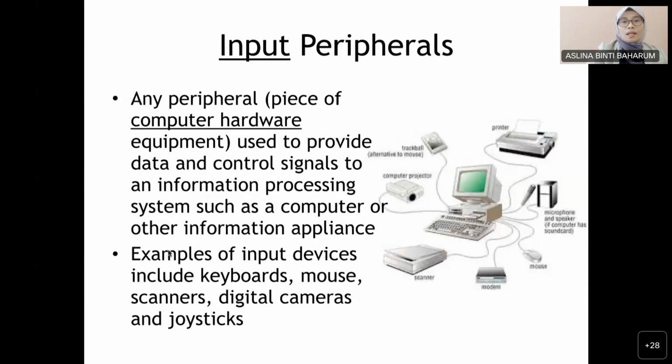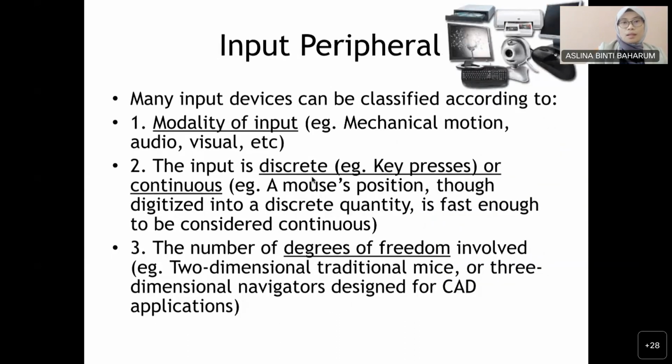Examples of input devices include keyboard, mouse, scanner, digital camera, and joystick. Many input devices can be classified according to, first, the modality of the input, either motion, audio, or visual.